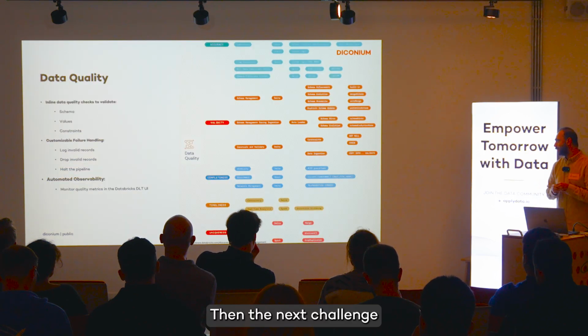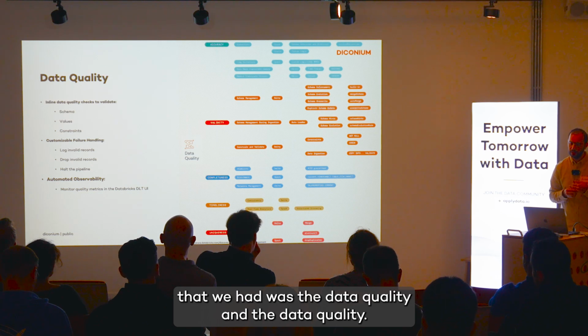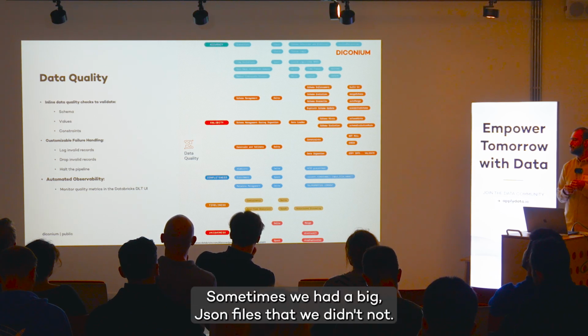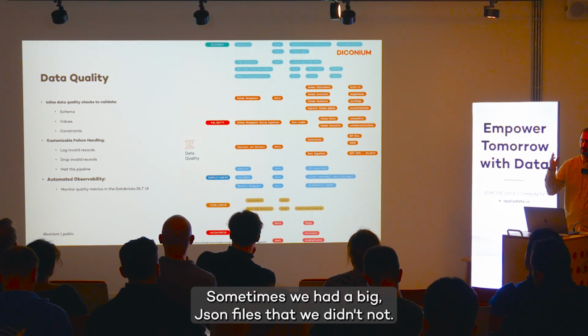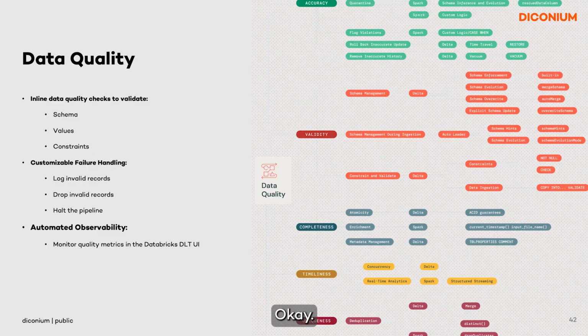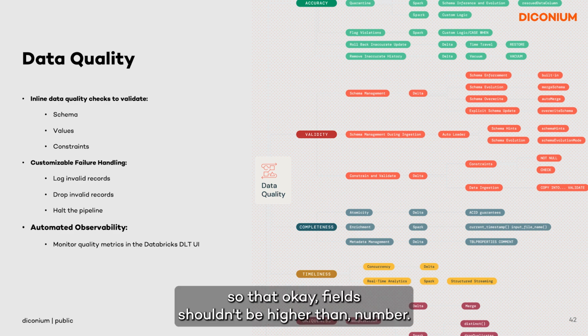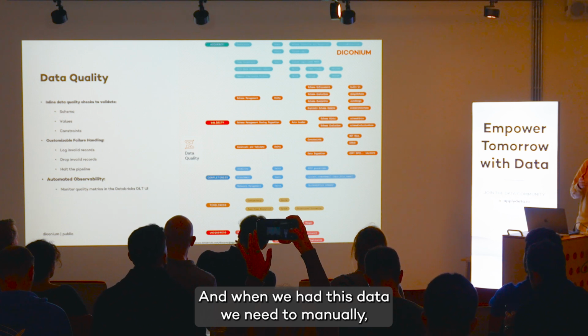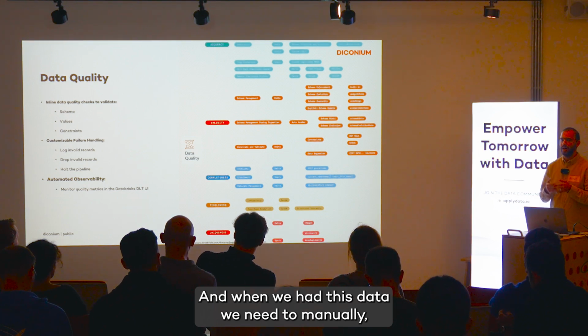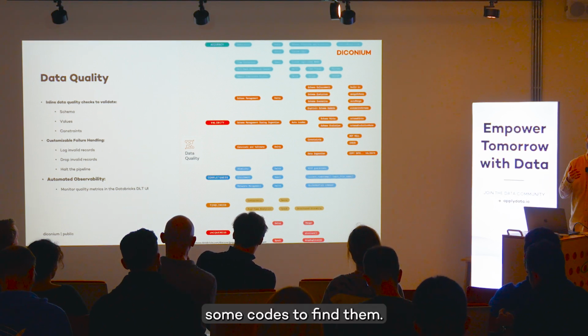Then the next challenge that we had was data quality. In the data quality, sometimes we had big JSON files where we didn't know that some fields are null, or that a field shouldn't be higher than a certain number. And when we had this data, we needed to manually write code to find them.